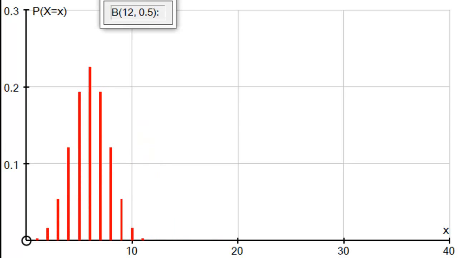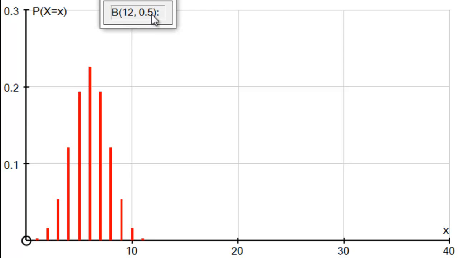We're down to n equals 12 and it still is symmetrical and takes on a normal distribution shape. So that seems fine when p is 0.5 despite changing the value of n. Let's see what happens when I change the p value.